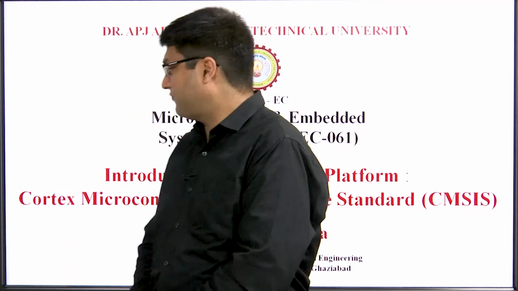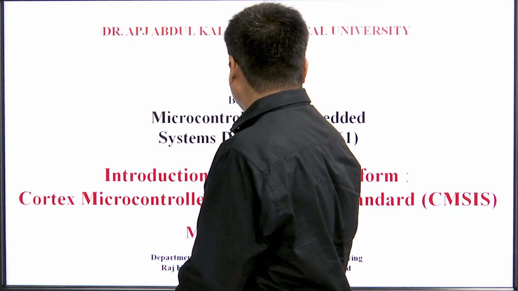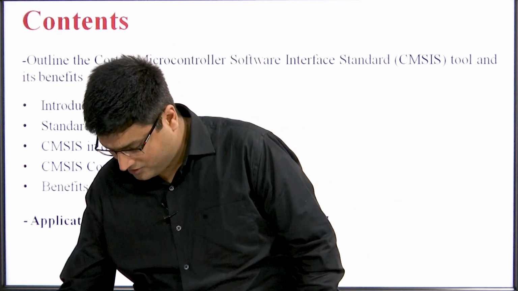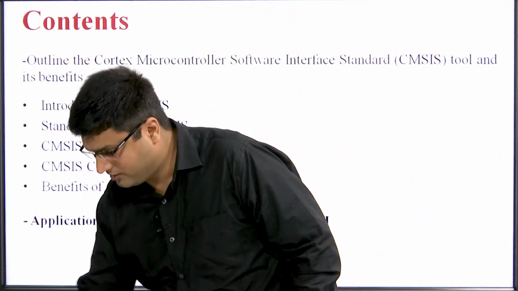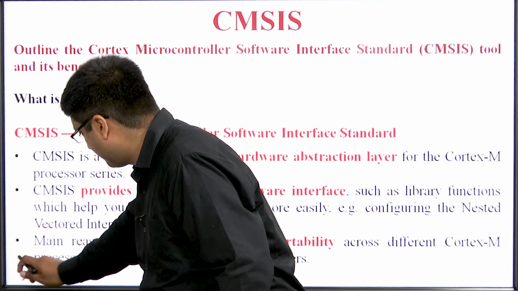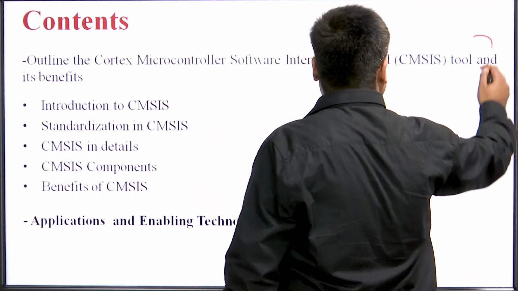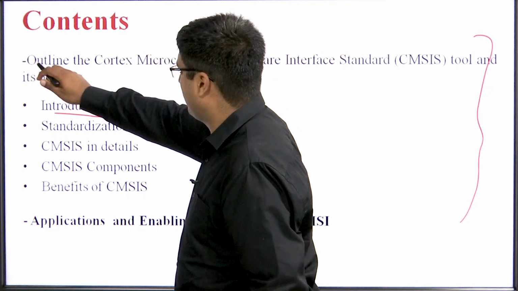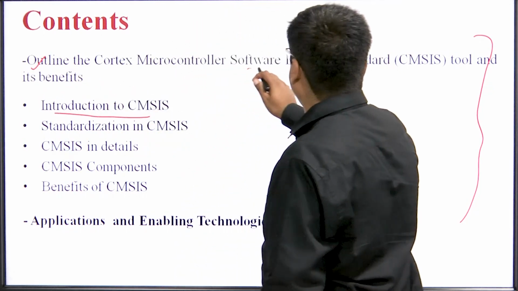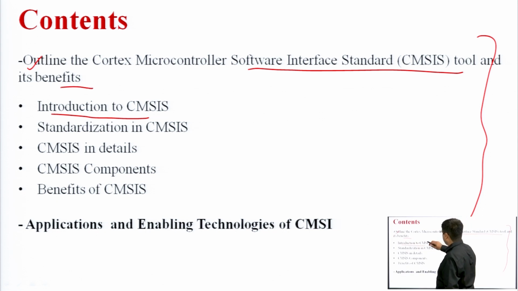In today's lecture we will discuss the Cortex Microcontroller Software Interface Standard, CMSIS, under the introduction to the Mbed platform. These are the table of contents we will cover. First is the introduction to CMSIS, under which we outline the CMSIS tool and its benefits: what is CMSIS.